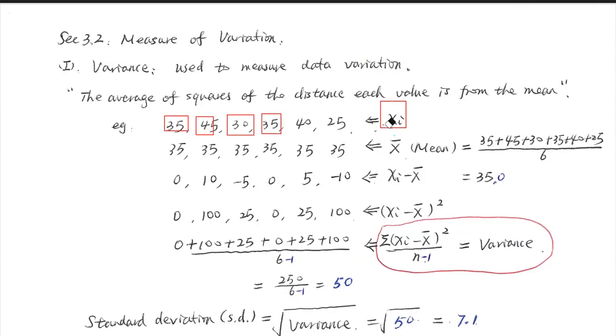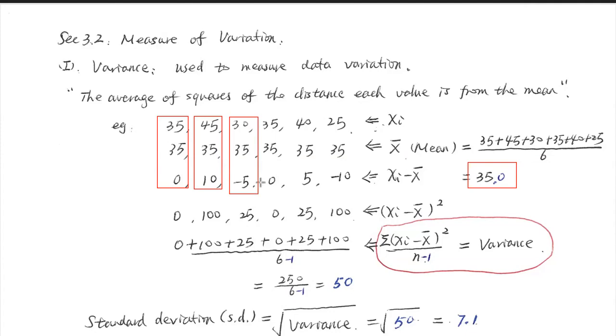And then this is the average. Now, what's next is we calculate the distance of each, everybody. So it's x1 minus x bar, 35 minus 35, because the average is 35. Got 0. 45 minus 35, 10. 30 minus 35, negative 5, and so on.